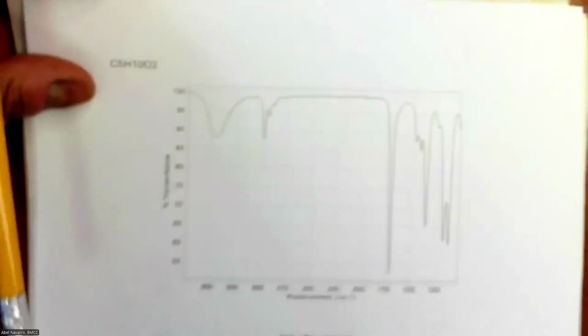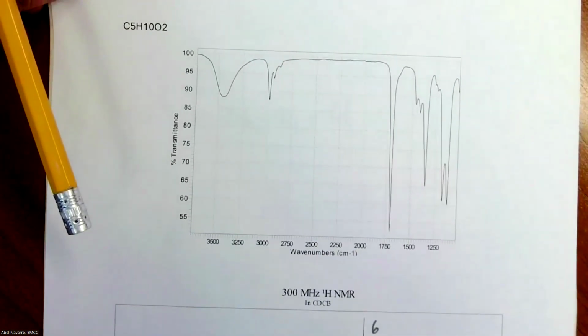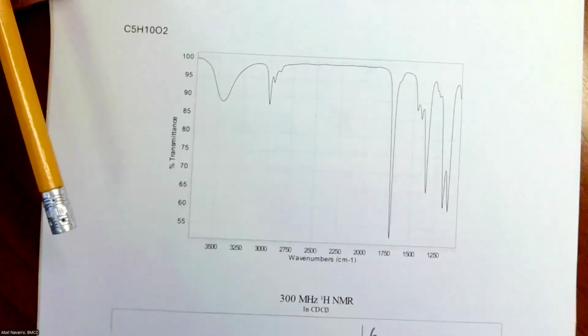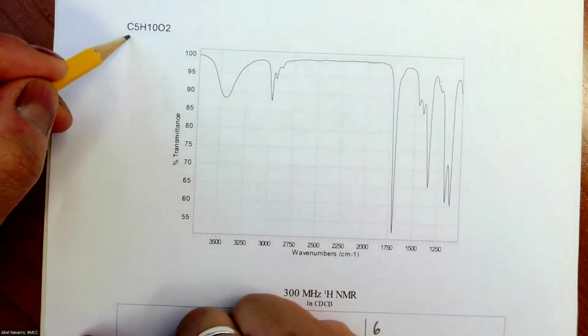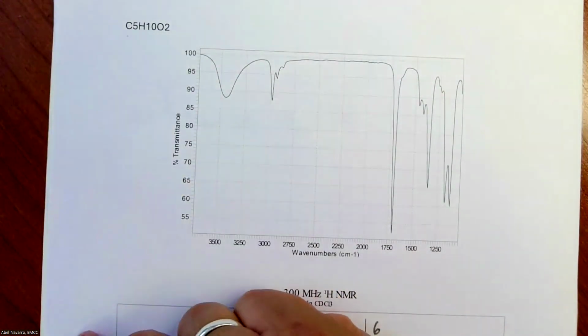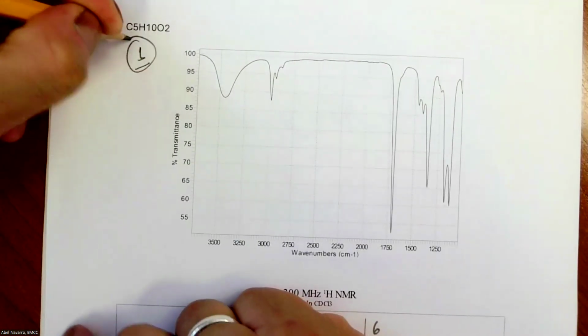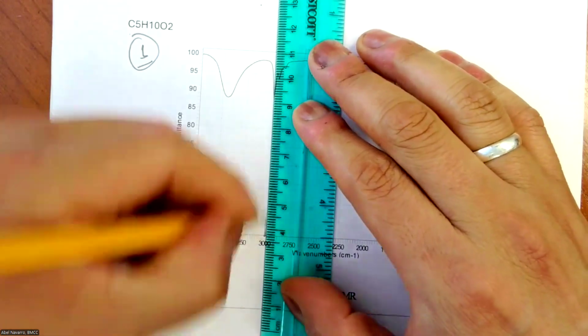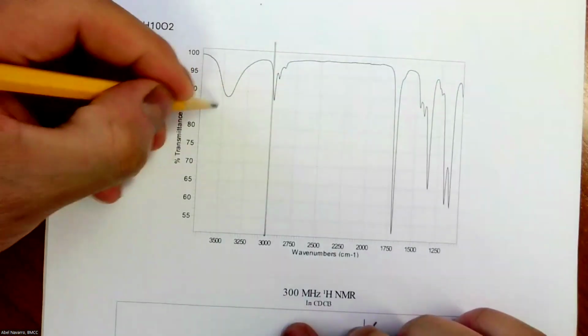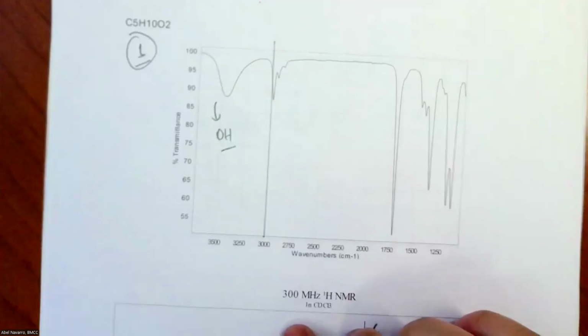And the last one, and I leave you alone after this. DUs, 10, 12, okay, 1 DU. 3000 line. Okay, this one is an OH, clearly an OH.